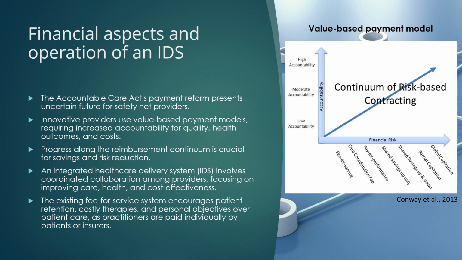As there's more risk, there's also higher accountability on the side of the hospital or the physician, and less risk corresponds with less accountability. I thought that's really an interesting model, the value-based payment model.